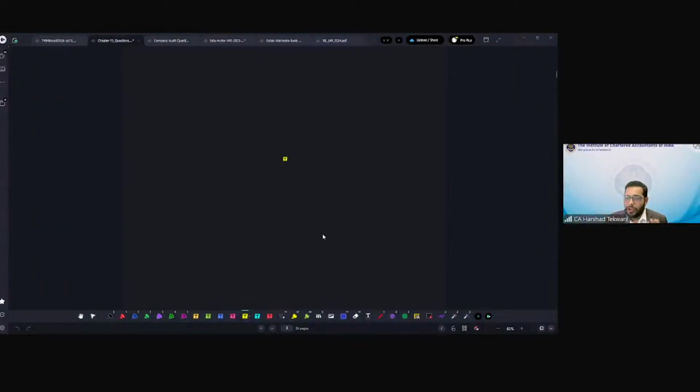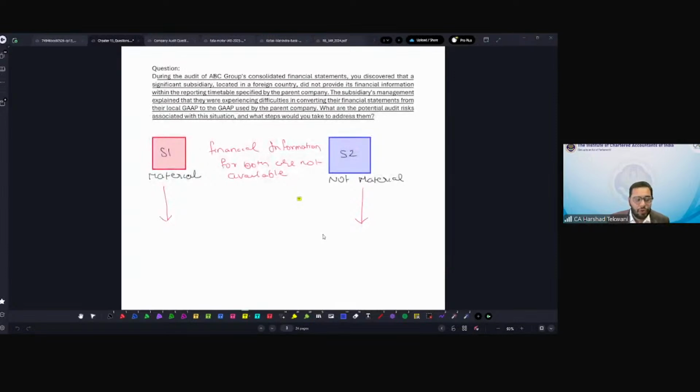It will not make a difference because they are not material. As a result, you will report this in the other matter paragraph.